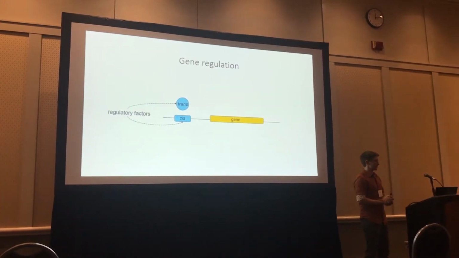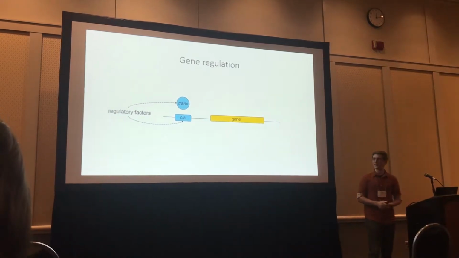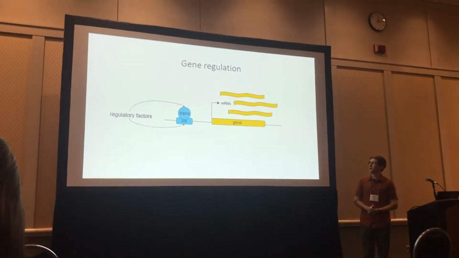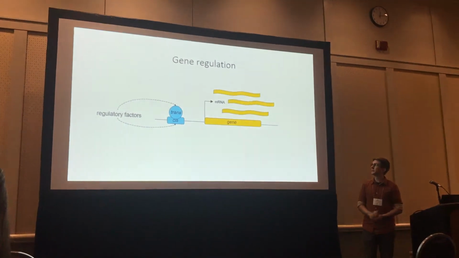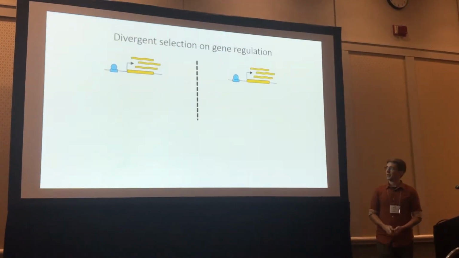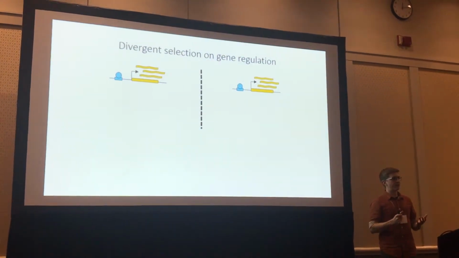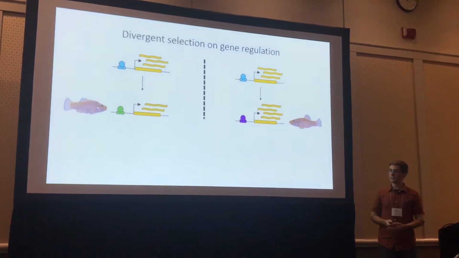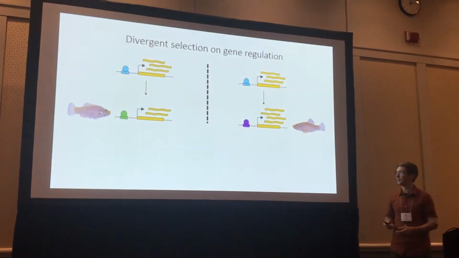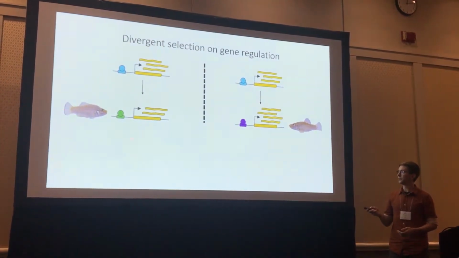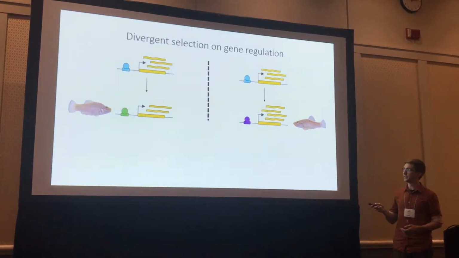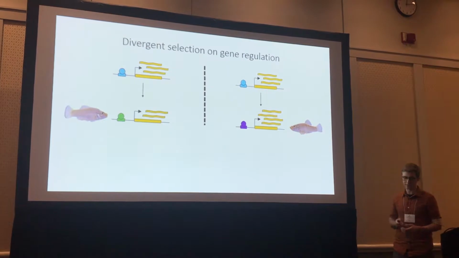And we can think about this as happening at the level of gene expression, where we have cis and trans regulatory elements binding to regulate some expression level of some gene. And if we have 2 populations that are diverging to different niches, divergent selection could favor the cis and trans regulatory elements to become co-adapted to cause low expression of a gene in one population and higher expression in the other.